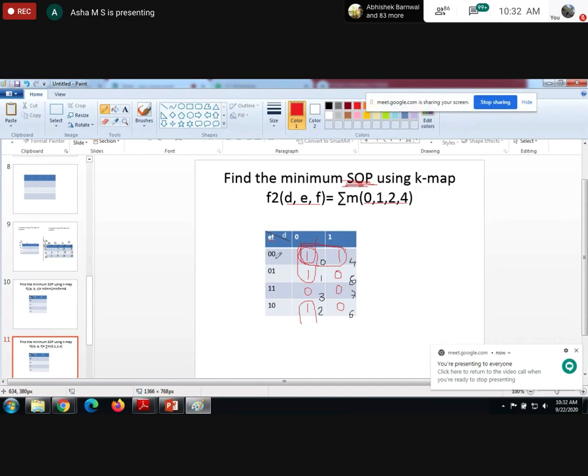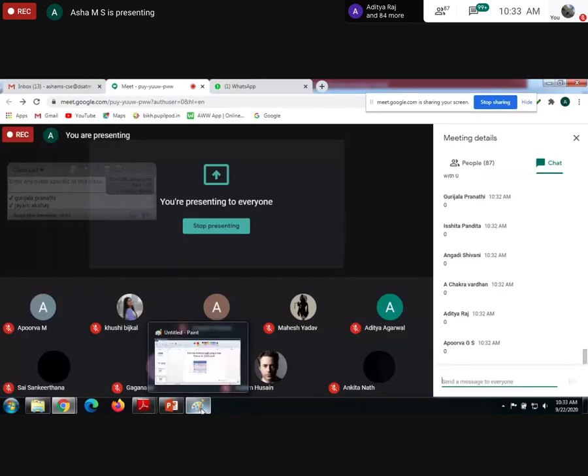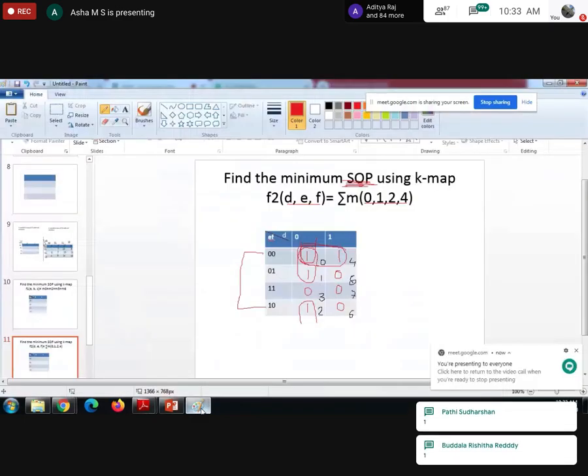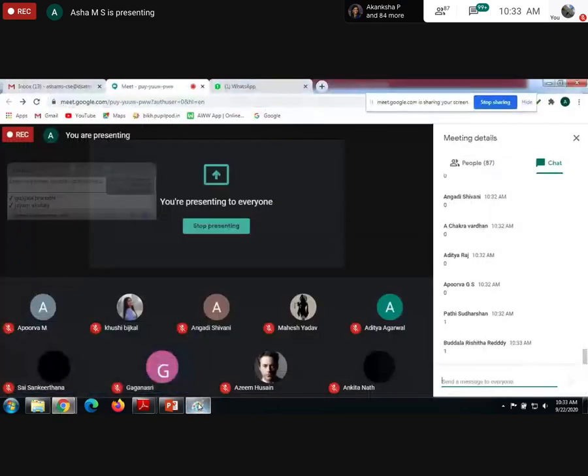So when you are pairing like this, cell number 0 and cell number 2, look at these two values. How many bits are differing? 0 and 4, 0 and the last one. How many bits differ? One bit, correct, right?